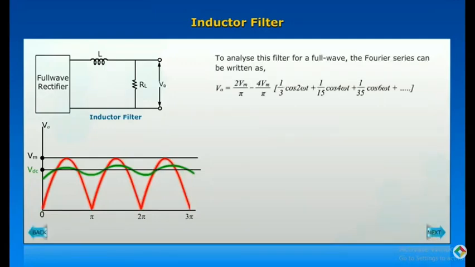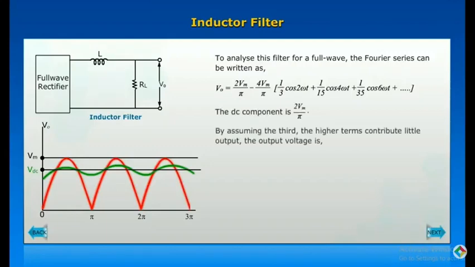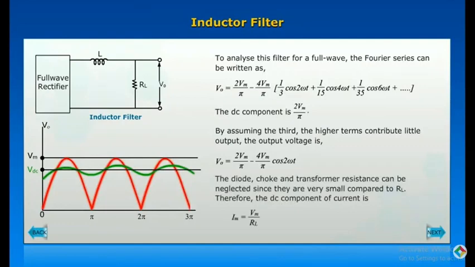To analyze this filter for a full wave, the Fourier series can be rewritten, where the DC component is given, by assuming the third and higher terms contribute little output. The output voltage is given as follows. The diode, choke, and transformer resistance can be neglected since they are very small compared to the load resistor.